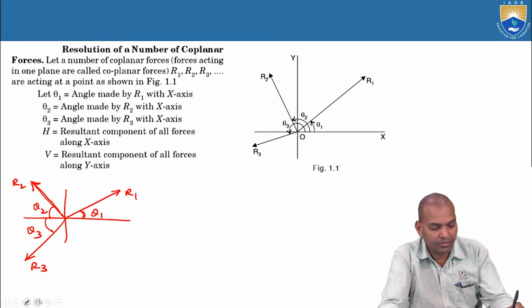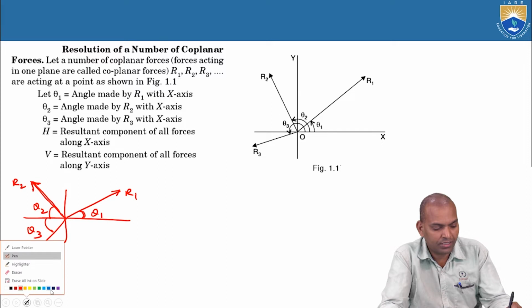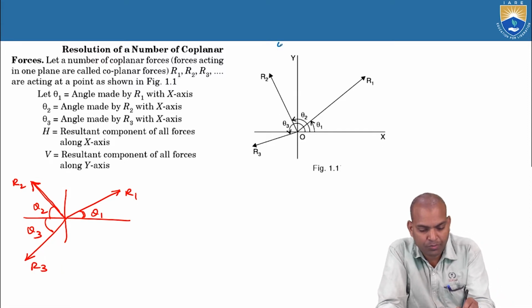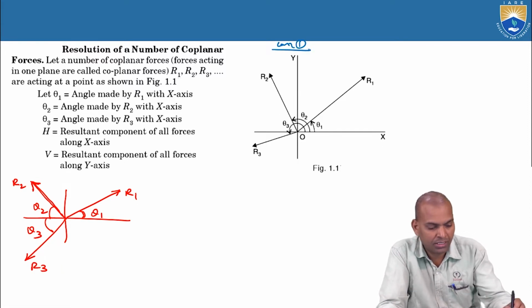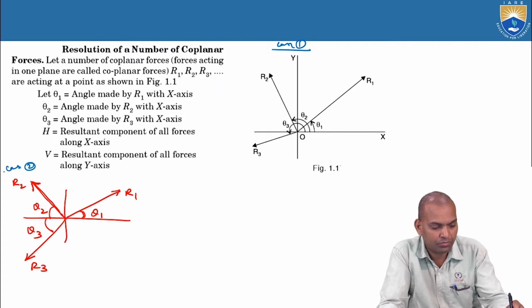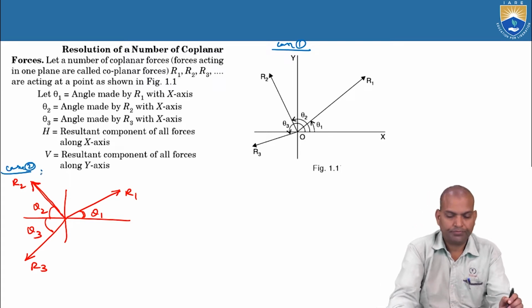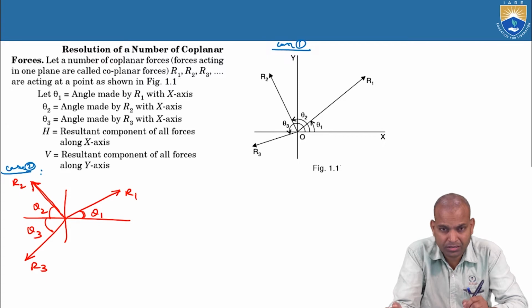The simple method we are going to follow here is, suppose case 1 and case 2. Please understand the difference between case 1 and case 2.